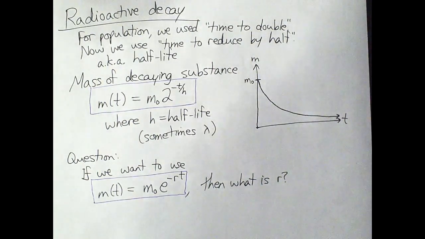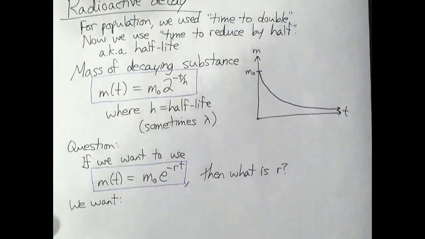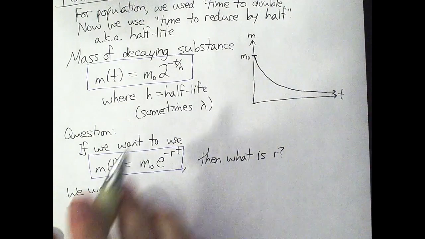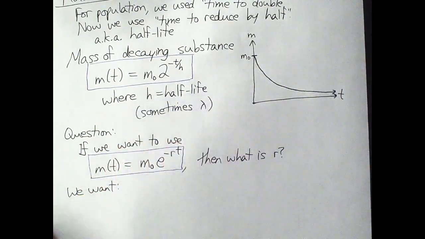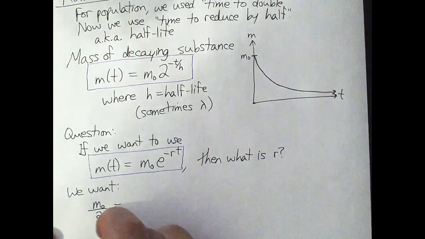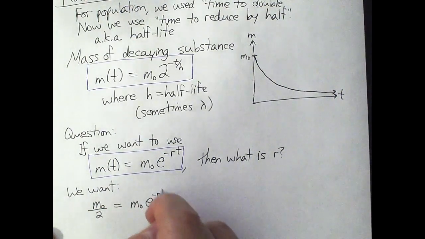Well, I'll show you. We can derive a really simple rule really quickly too. We want the mass to divide in half when the half-life has elapsed. So initial mass in half equals the initial mass times e to the negative RH.